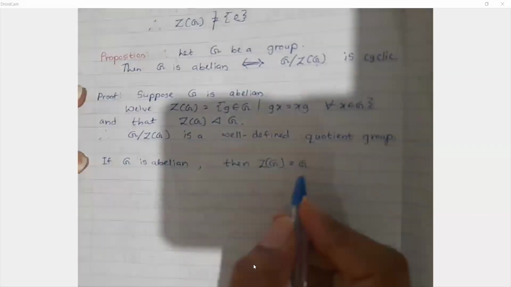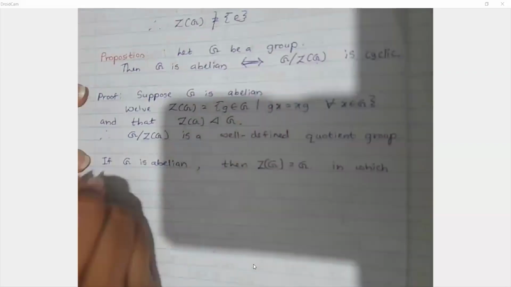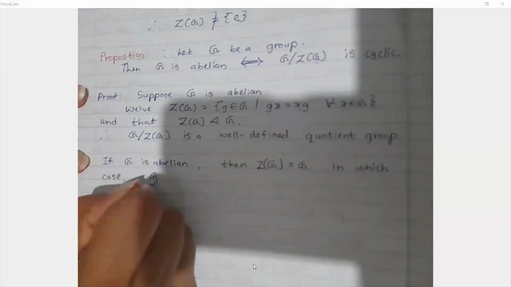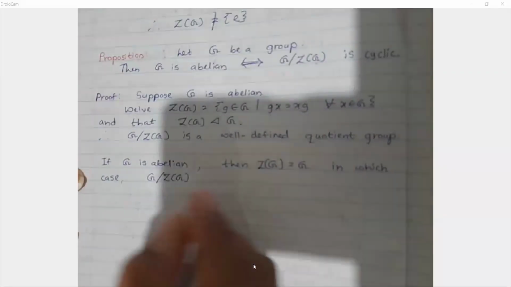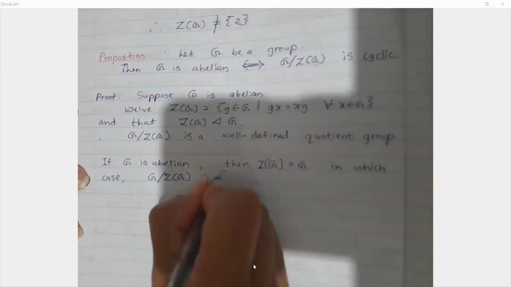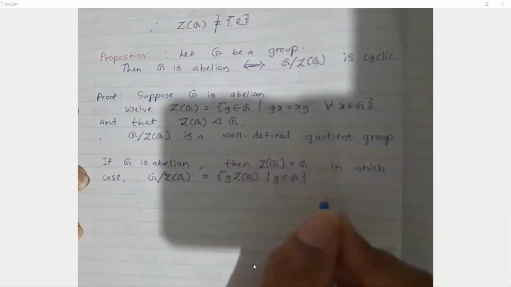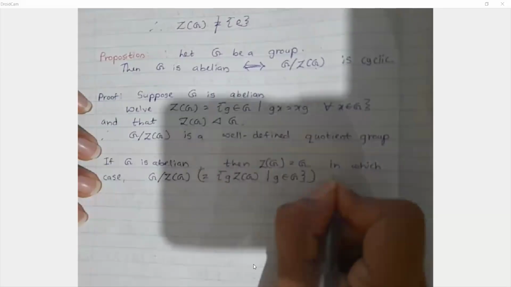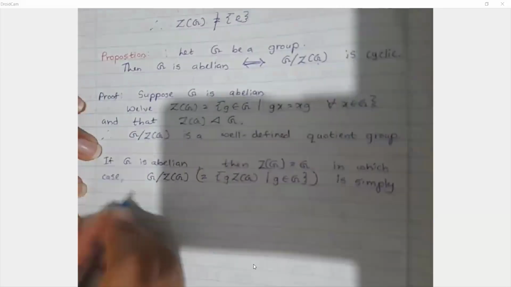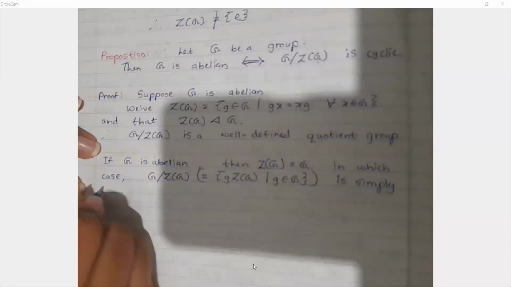So in that case, the center of G is equal to G, in which case the quotient G over Z of G, containing all left cosets, is simply the trivial group.